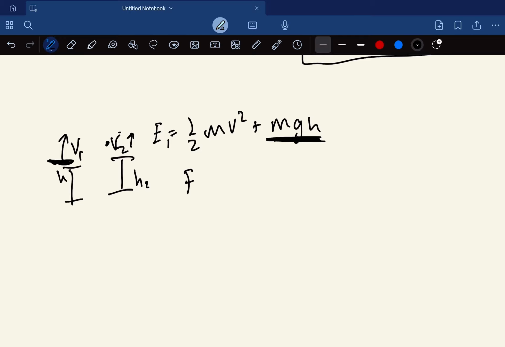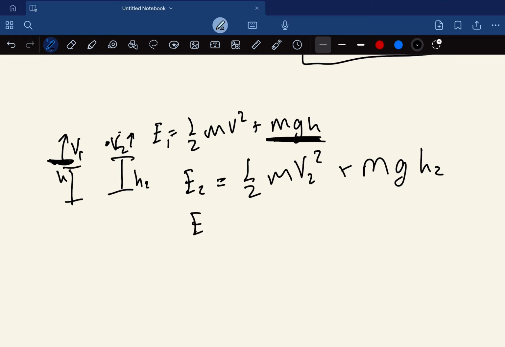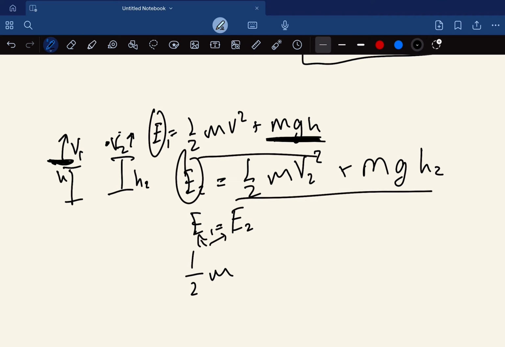Then we have E2 equals 1/2 mv2 squared plus mgh2. So we know by conservation of energy that E1 equals E2. And then we can set these two equations equal to each other. So we get 1/2 mv1 squared plus mgh1 equals 1/2 mv2 squared plus mgh2.